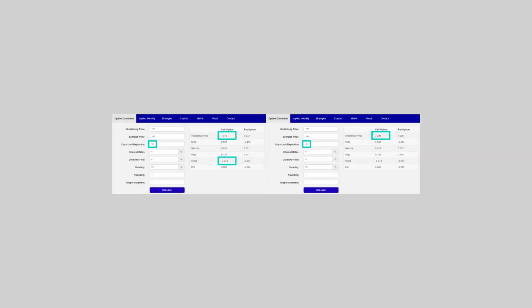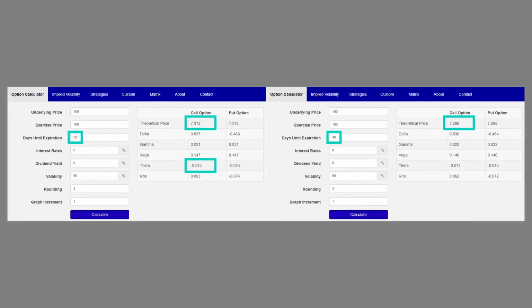In this example from optionprice.com, which is a useful free option pricing calculator, I've set the parameters to a price of $100, a strike price of $100, and an implied volatility of 50%. With 50 days to expiry, the price of the call option is $7.372, and theta is minus 0.074.